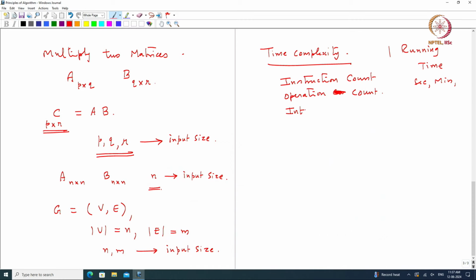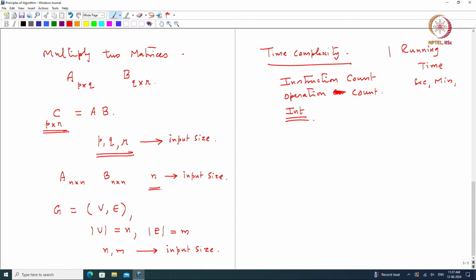How many operations are done? So you can examine the text of the algorithm and then you can arrive at this count. You do not have to go to the machine. You do not have to write a program, implement nothing, right. Just look at the specification of the algorithm and from that you can figure out the instruction count. This is simply an integer.